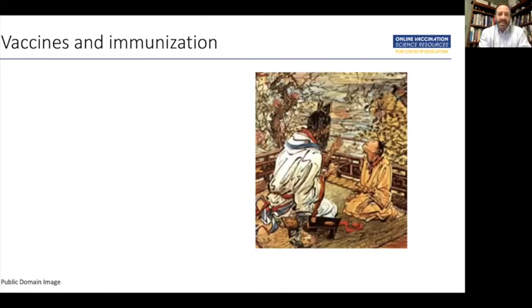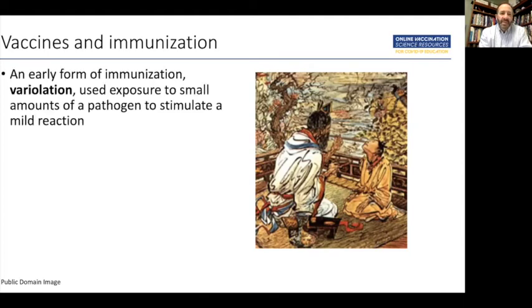So this practice, this idea of being able to prepare someone's immune system for an infection, goes back a long time, hundreds and hundreds of years, and has been experienced in various forms. The first form that we know of is called variolation, and this relied on exposure to small amounts of a pathogen in order to stimulate a milder reaction.